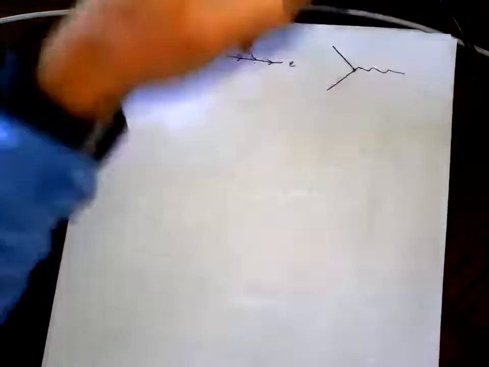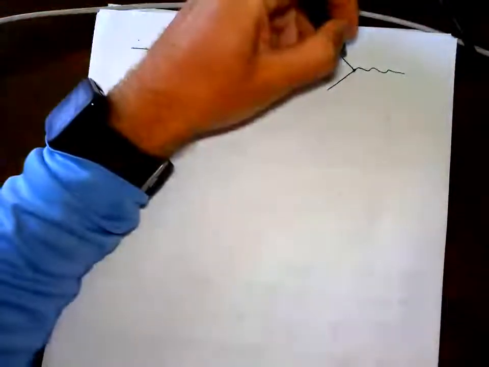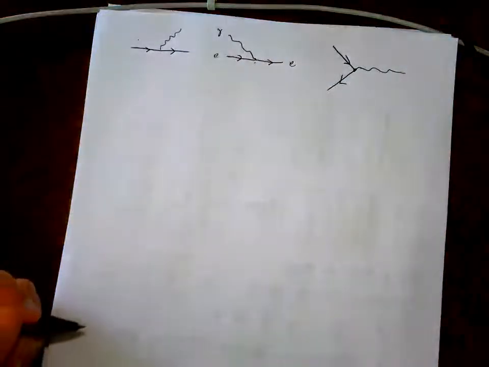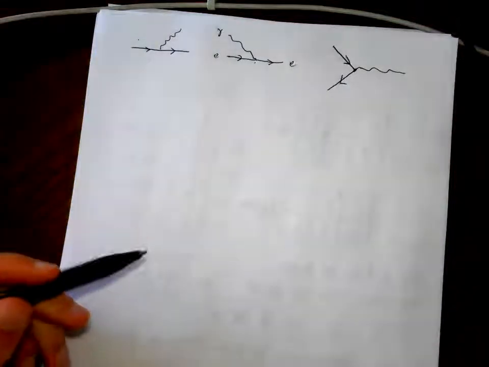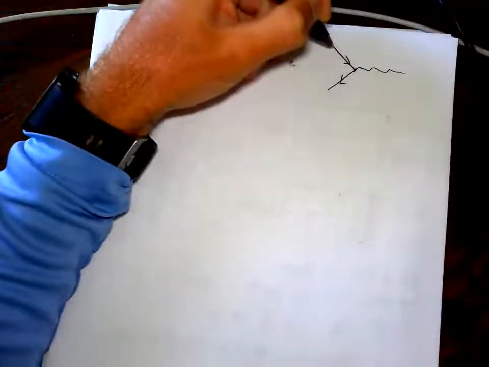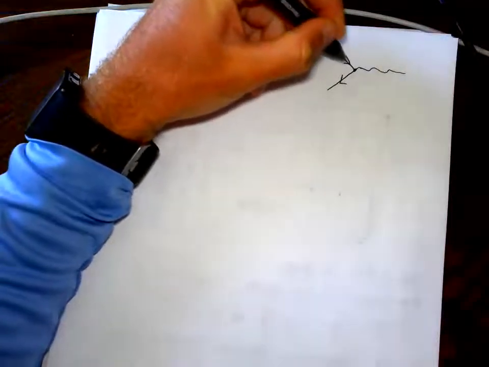Furthermore, we could imagine taking the vertex and doing something like this. We can twist it all different ways, but it always has one arrow going in and one arrow going out. Okay. And so this would be an example of maybe an electron. Now notice how this arrow goes with the direction of time.